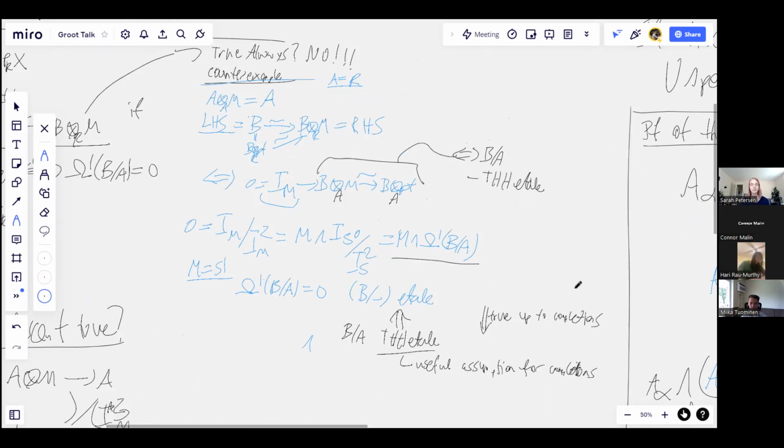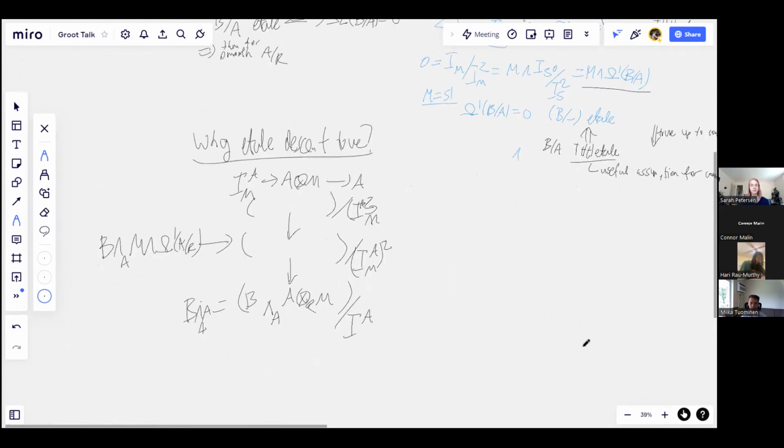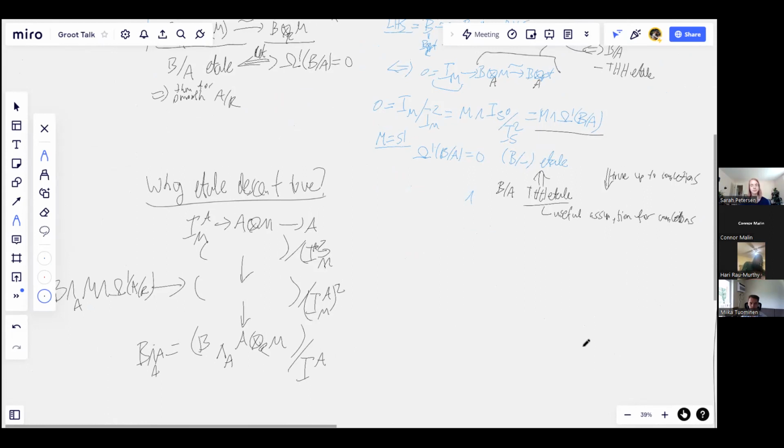So the fiber of the map from this mod squared to this modulo the ideal is I mod I squared, and I mod I squared equals M smash omega 1.